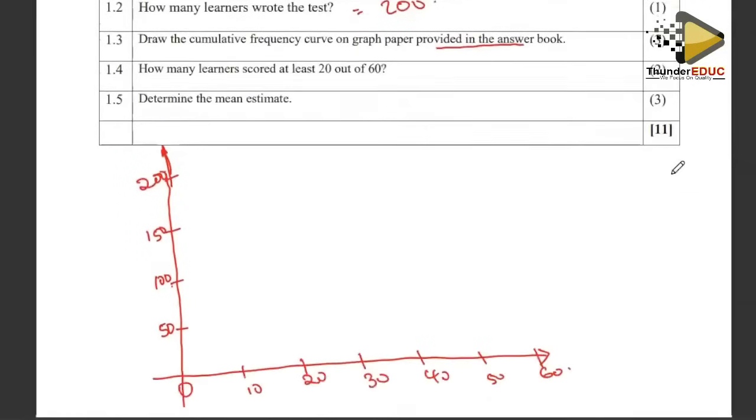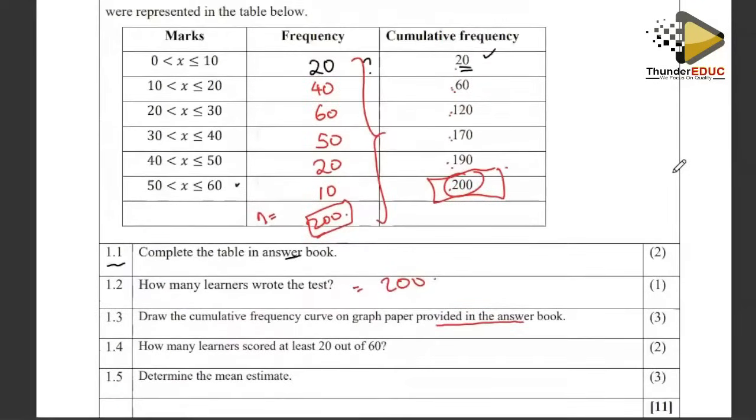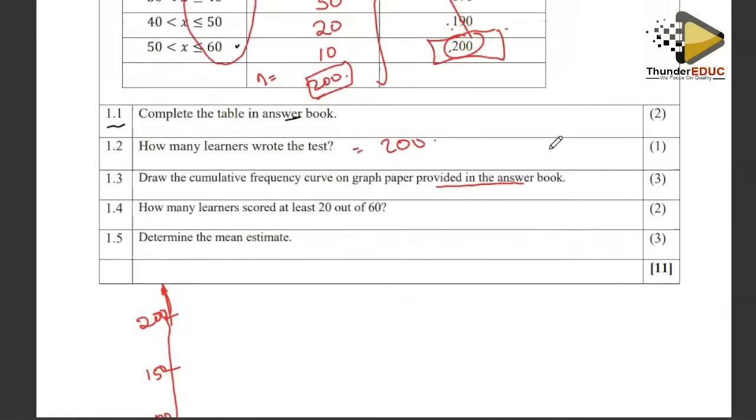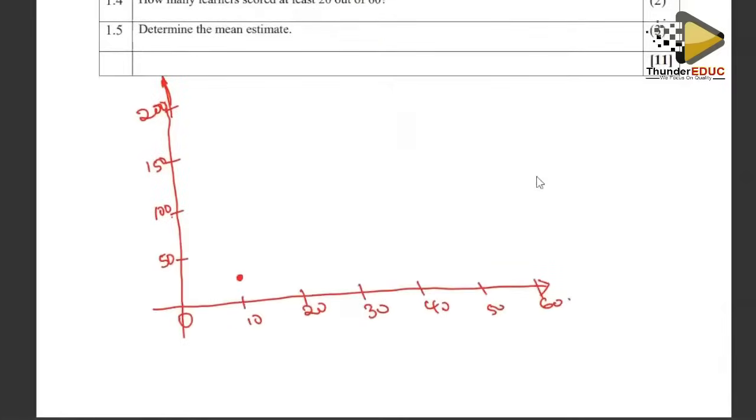When you're graphing a cumulative, we normally use the upper class intervals together with the cumulative frequency. So 10 is going to go with the 20. Then 20 is going to go with 60, which should be slightly above 50.